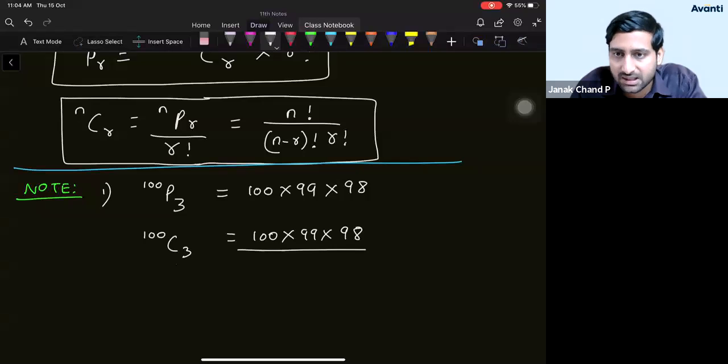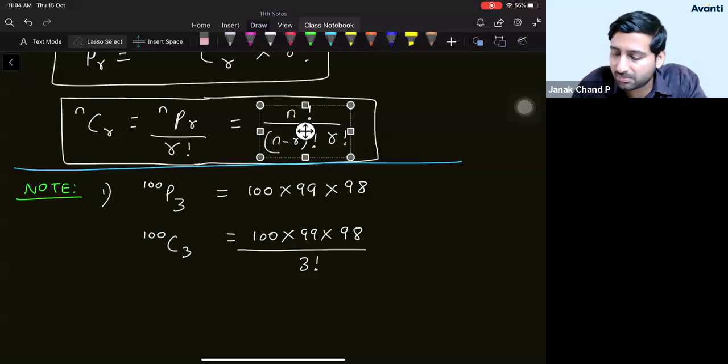You multiplied three numbers, so divide by 3 factorial. So student, this is the easiest way of calculating NCR, especially if the r is small. Even if r is big, if you know that value, this is the easiest way. You can surely use the formula also.